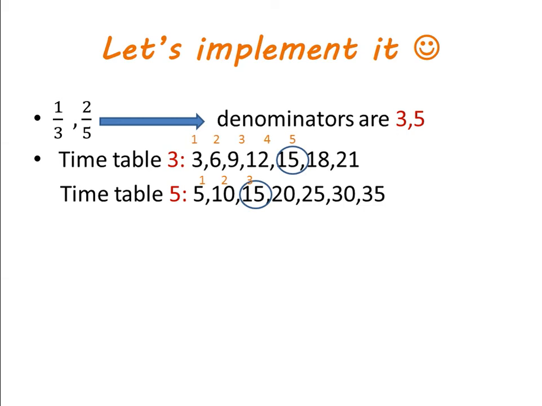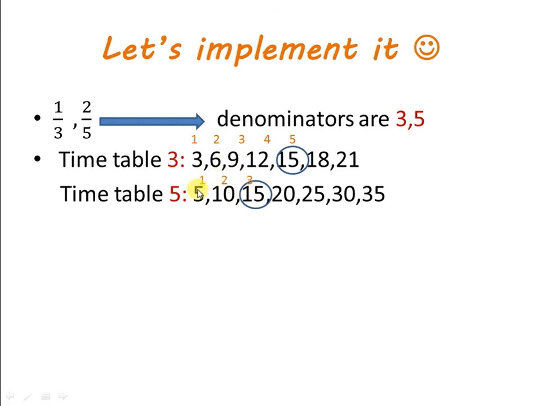So, to get 15, you have to multiply 3 by what? Let's skip count. How many steps do we have to get 15? 1, 2, 3, 4, 5. And that's the number that I multiplied by 3 to get 15. We will do the same with timetable 5. I should multiply 5 by what to give me 15?